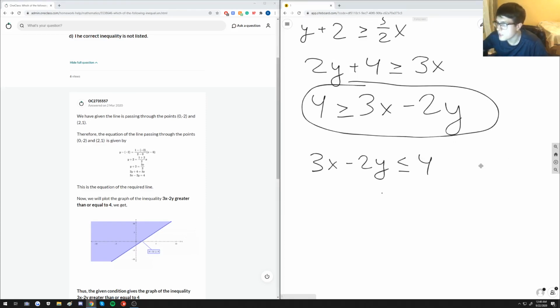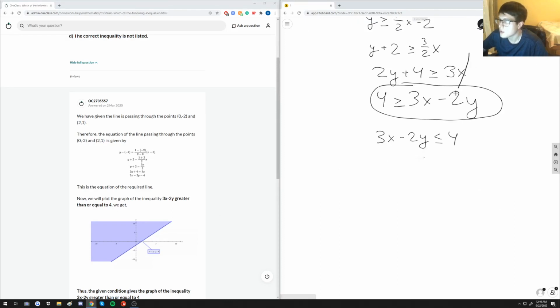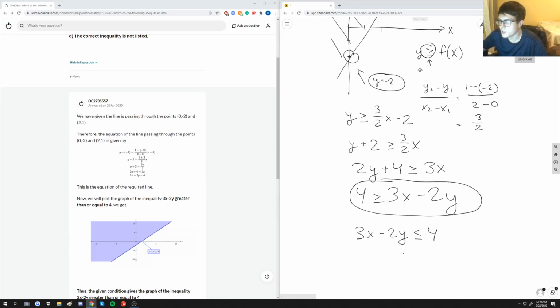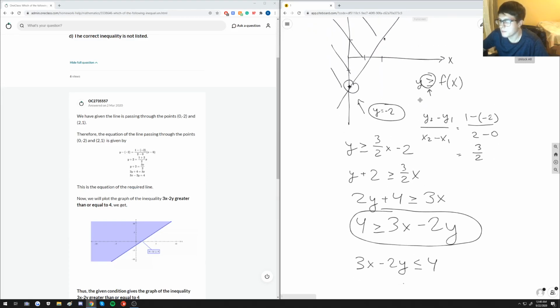Because if we take a random point here, so sorry, I just can't really use this. If we take a point 0, 0, we know this inequality is actually correct, because if we were to plug in 0, 0, which is obviously a point in here, it actually works out in the inequality because we get 0 minus 0 is less than or equal to 4, which is true.